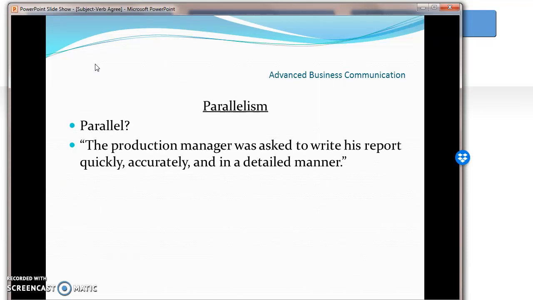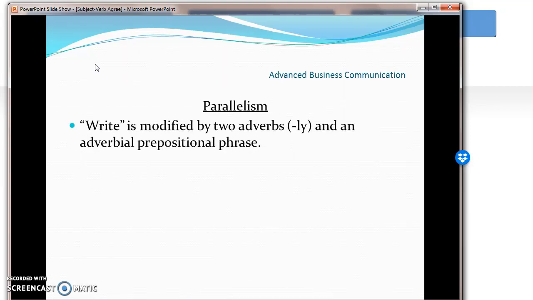How about this one? The production manager was asked to write his report quickly, accurately, and in a detailed manner. Is that parallel? Well, notice how the verb write is being modified by two adverbs, and they're ly. You can see them, they have that ly ending there, and an adverbial prepositional phrase.